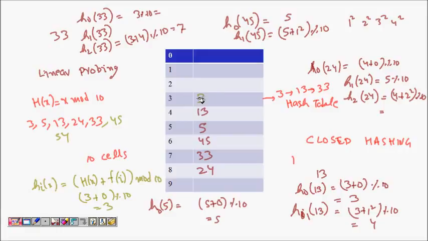So if we put 33 at 3, it would occupy the next cell, and 43 would occupy the next cell after 2 collisions, and so on. So it was not that good. Quadratic probing makes a lot of holes and fills the hash table, so there will be fewer collisions. So this is quadratic probing.